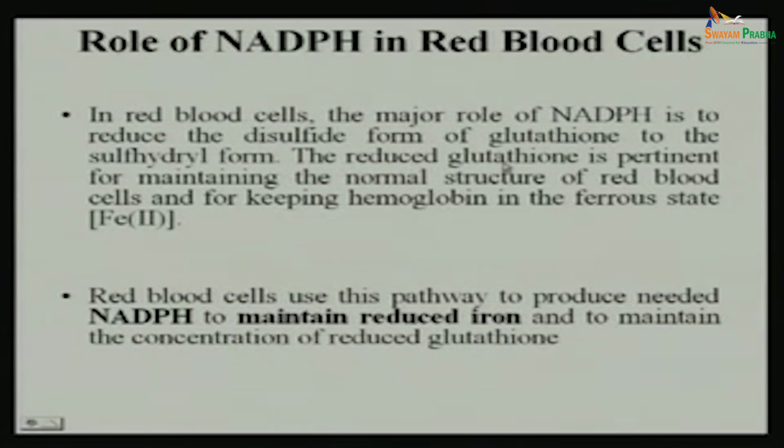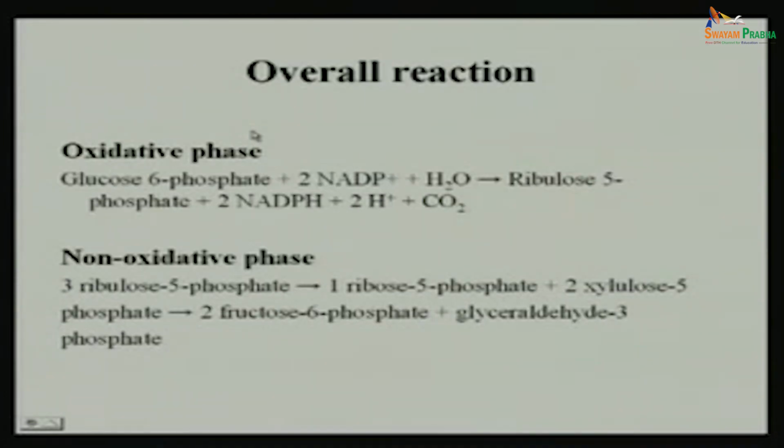The reduced glutathione is pertinent for maintaining the normal structure of red blood cells, for keeping hemoglobin in the ferrous state, and red blood cells use this pathway to produce needed NADPH to maintain the reduced iron and to maintain the concentration of reduced glutathione, and this is the major role of NADPH in blood.